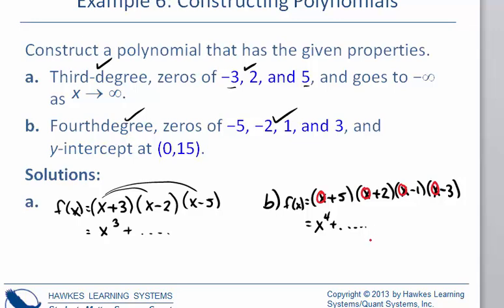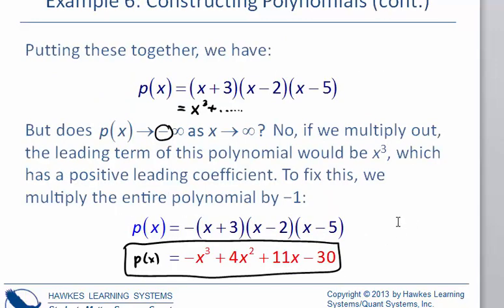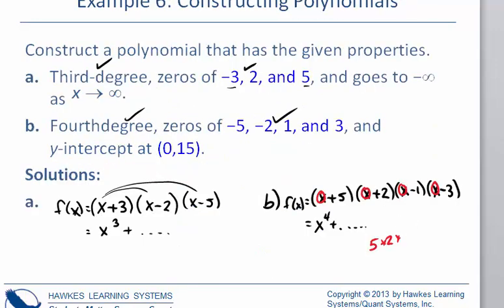So that's going to give me 5 in the first one, and 2 on the second one, and -1 on the third one, and -3 on the fourth one. So 5 times 2 is 10, times -1 is -10, times -3 is +30, and we wanted it to equal 15. So we need to consider how we're going to make this adjustment.